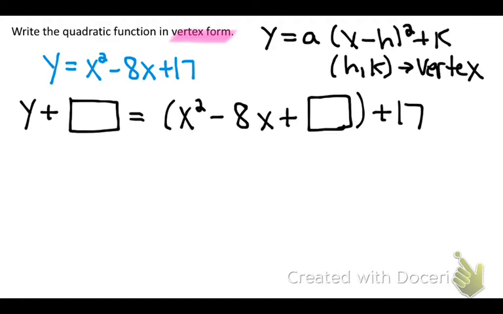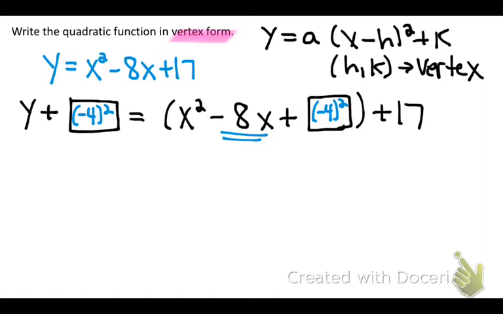So I rewrote the quadratic function, but I left some spaces where we're going to complete the square. So remember, we take half of the x coefficient, so that's going to be -4, and we're going to square it. So I'll put it here. And then we do it to the left-hand side as well.